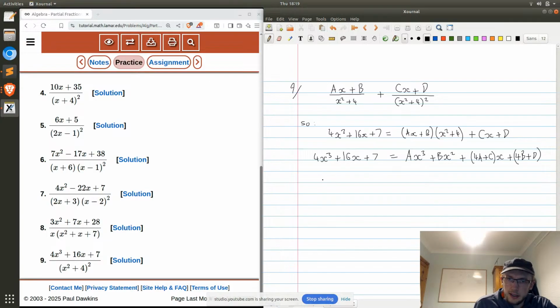So straight away, this tells me that a must equal 4. And it tells me that b must equal 0 because of this. And if b is equal to 0, then d must equal 7.